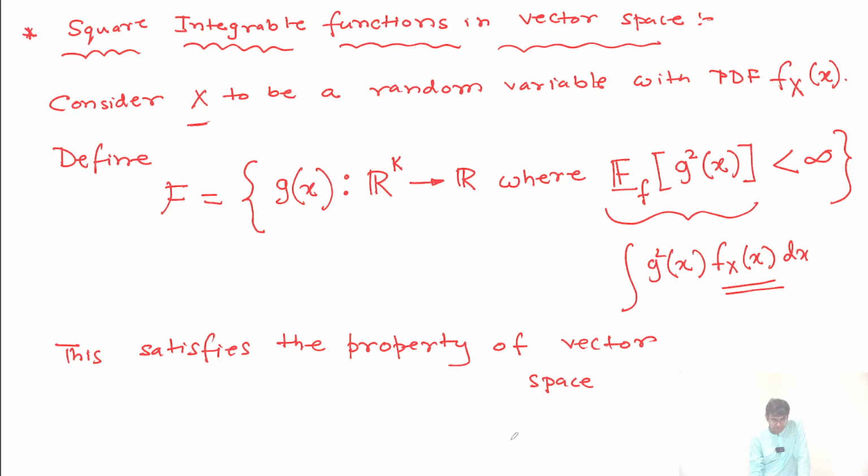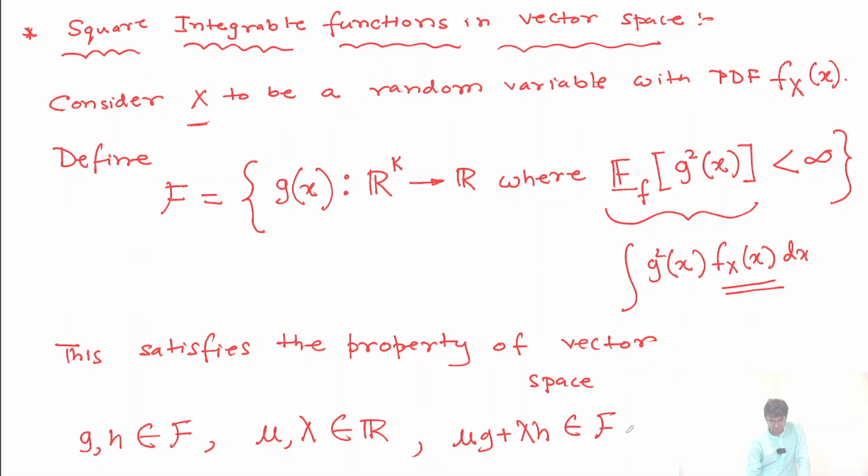This satisfies the property of vector space, which is, if you have, let us say, G comma H, both of which belong to this F, and then you have mu comma lambda belonging to some real space or a scalar, then mu G plus lambda H also belongs to the same space.